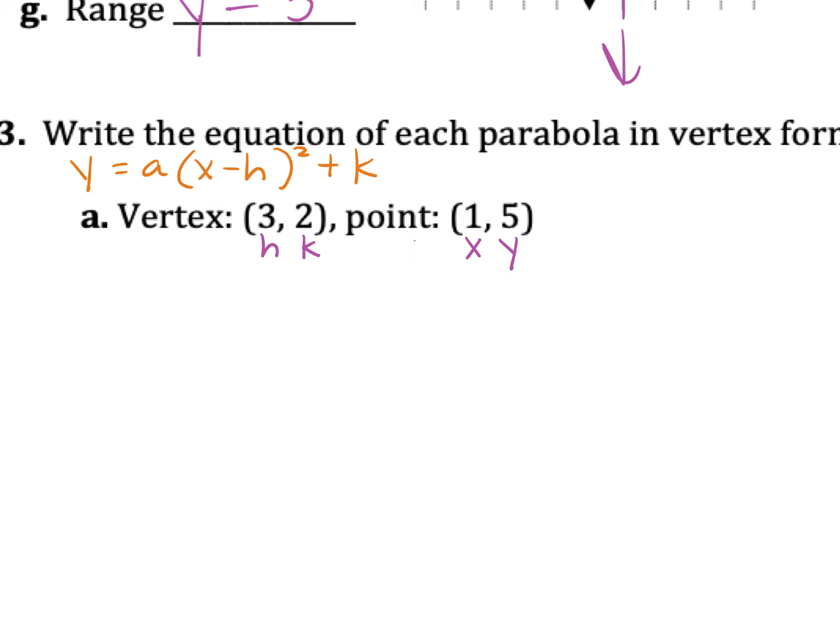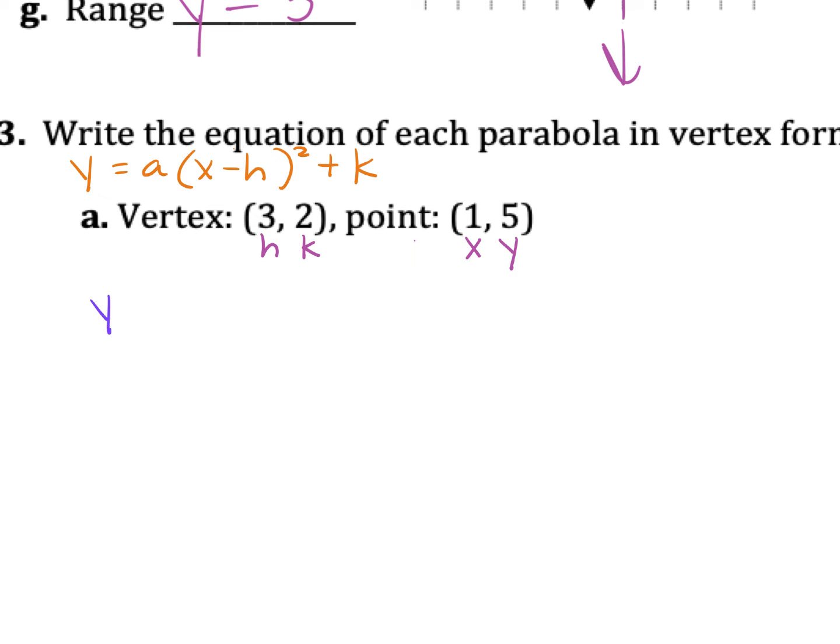So here's the deal. On the test, if you give me vertex form with the vertex plugged in and no a, I will give you a point for that. Even though you haven't found your a, at least you knew this is what my final answer should look like. I just can't remember how to find a, okay? So I will give you a point for this right here.